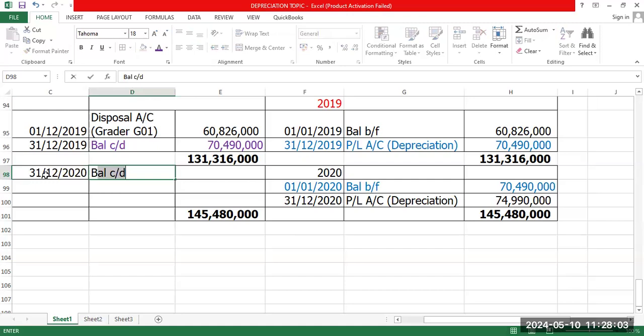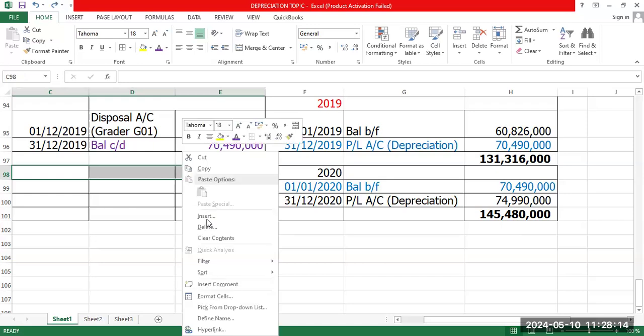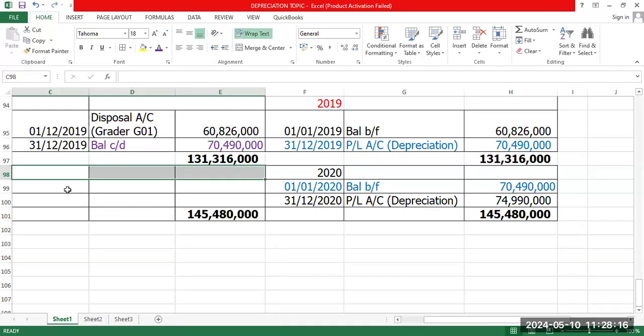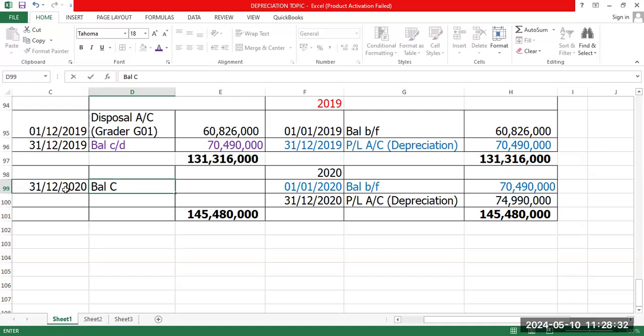What is the balance carried down? The balance carried down is actually here, 31st December 2020. The balance carried down is actually this, because I need that figure to balance this side.